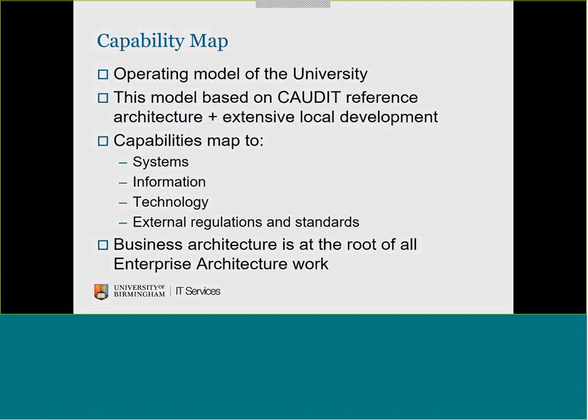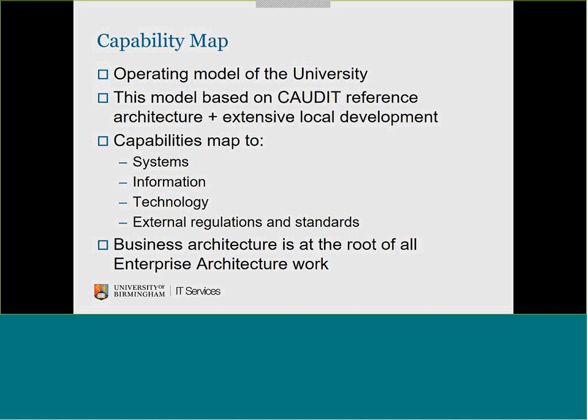So the first to show you is a capability map. Many of you will recognise it because it's the capability map for HE that we all saw, or a lot of us saw.